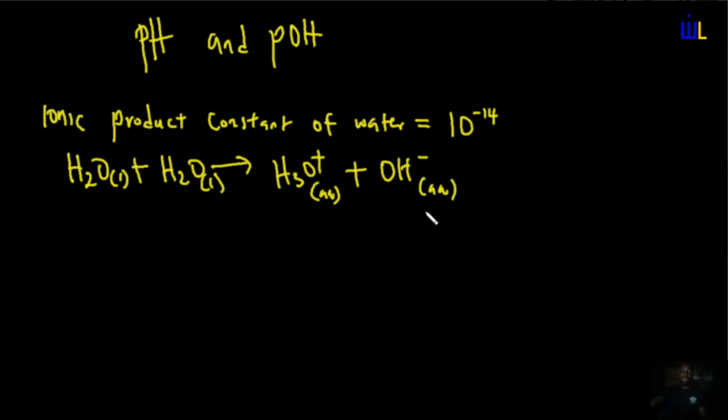Anyway, now the ionic product constant of water is simply the equilibrium constant for an ionization process of water. So once I look at the equilibrium constant for this particular reaction, I will simply get the ionic product constant.